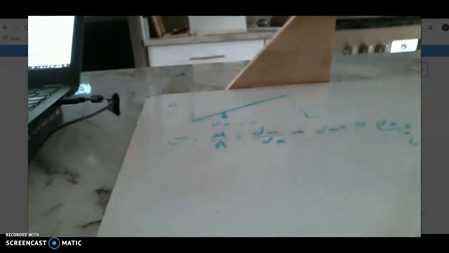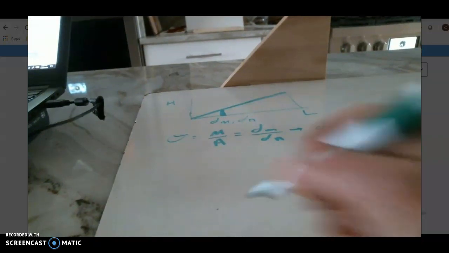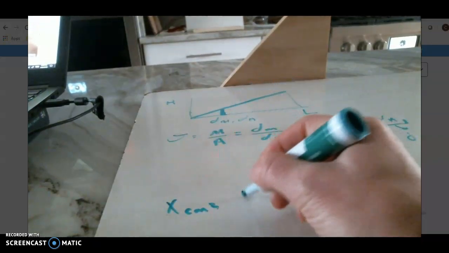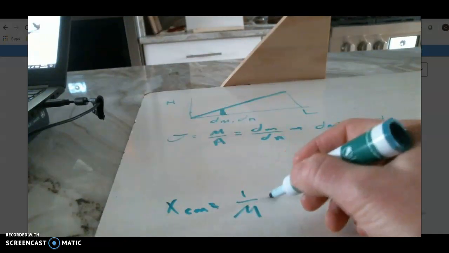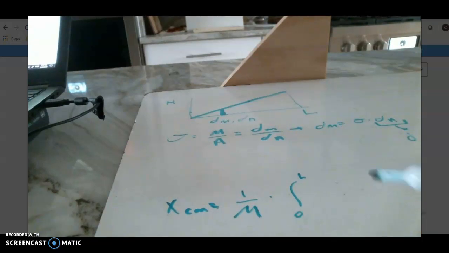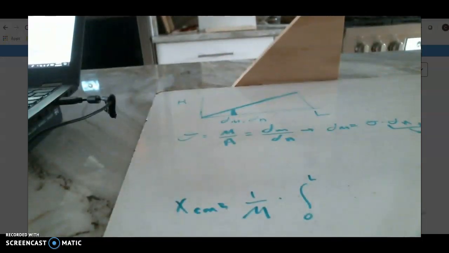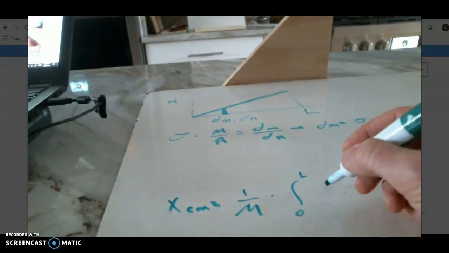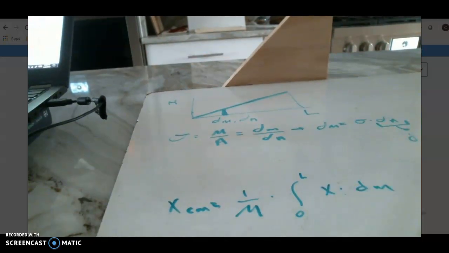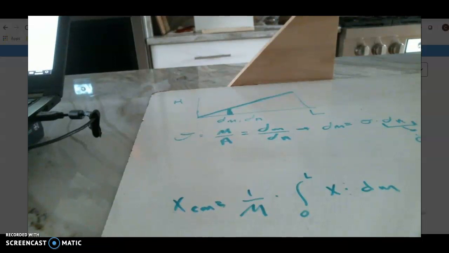So again, our formula for our x center mass is 1 over the mass of the whole thing times the integral. We're going to go from 0 to L because we're only integrating along the axis, and it is going to be our x times our differential mass. That formula hasn't changed in all of these videos.